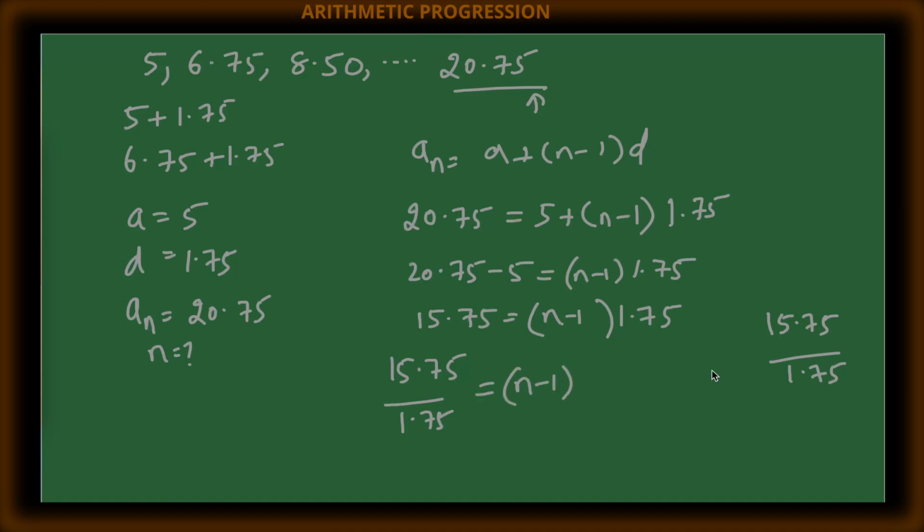Okay, so let's sort this out separately. The decimal points go, and we divide by 5. So 1.75 goes into this, please do this division. It becomes 9, so this goes 9 times. So 9 is equal to n minus 1. So n equals, this minus goes there, and it becomes 10.